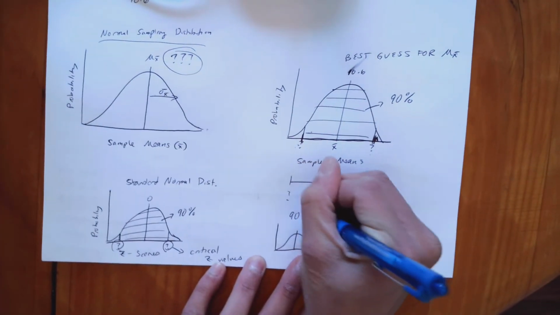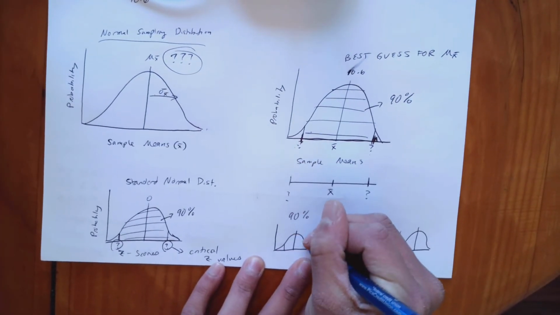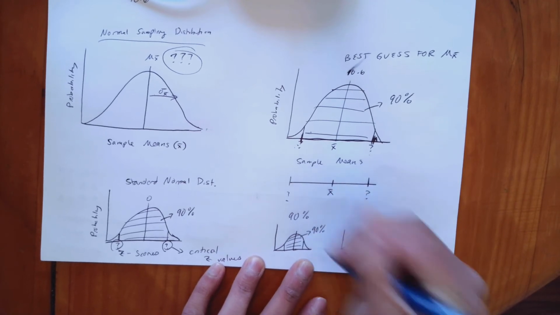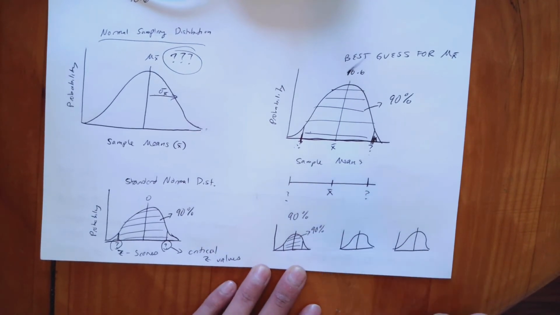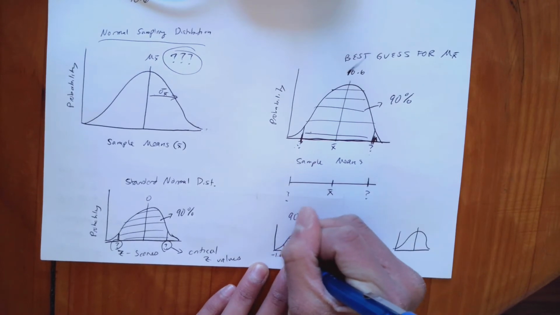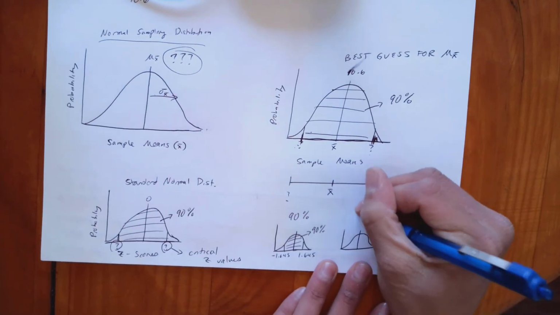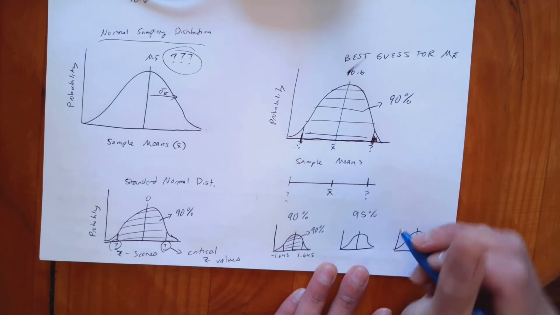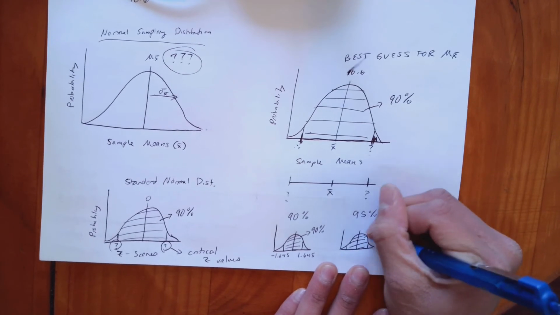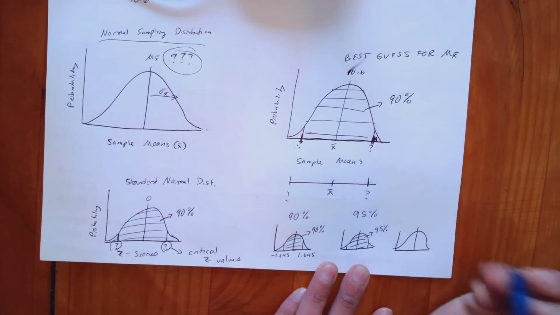If you have a 90% confidence interval, we're looking at the z-scores on either side of 90% of the area under the curve, and the z-scores are always going to be 1.645 and negative 1.645. If you're looking at a 95% confidence interval, you're interested in the z-scores that bracket 95% of the area under the curve.